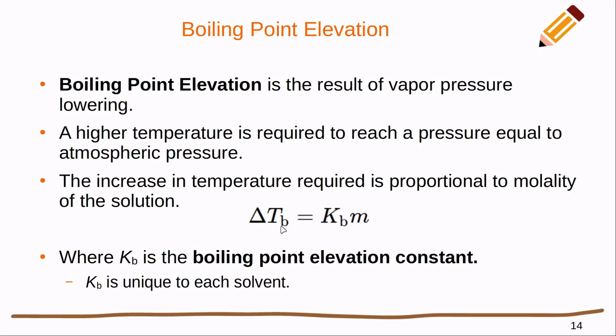Remember that this is a change in boiling temperature, meaning it's the final boiling temperature after we've added the solute minus the initial boiling temperature of the pure solvent. Kb is called the boiling point elevation constant.